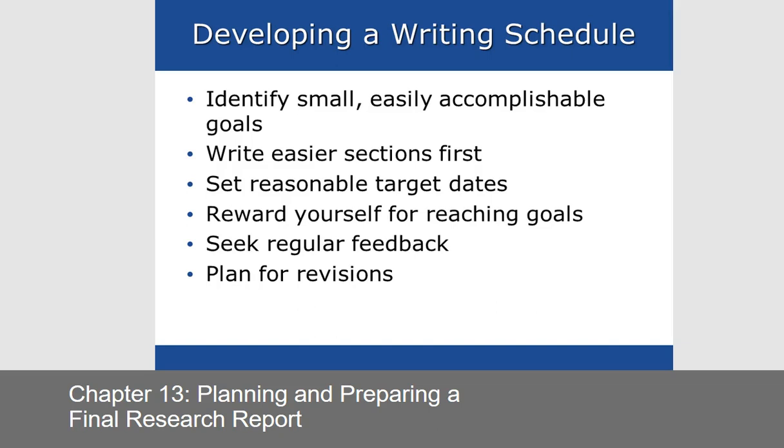Seek regular feedback, and that can be from me or maybe from someone else, a peer. Having someone you can work with on this is wonderful. You can read each other's drafts, and I had this when I was in my doctoral program, for example. We called each other dissertation buddies, and we're still friends to this day, one of my best friends, and we went through that process together.